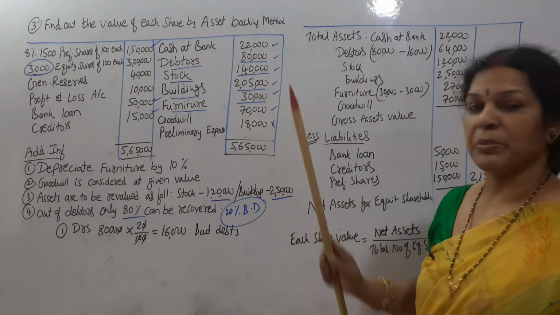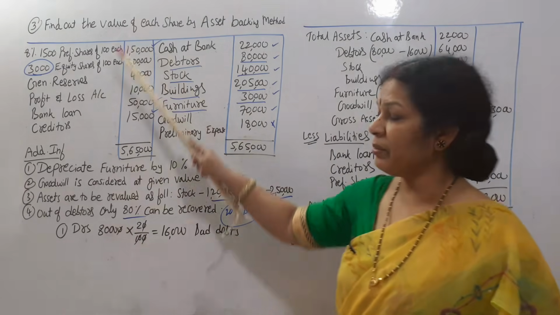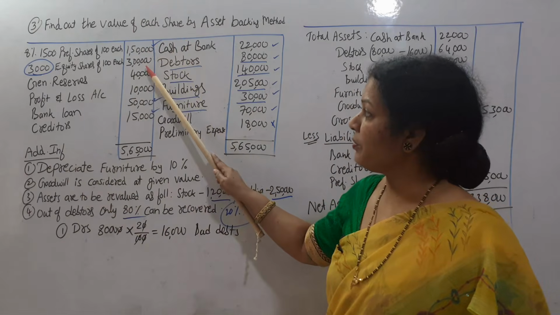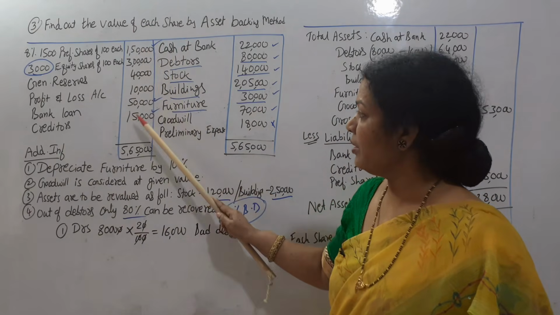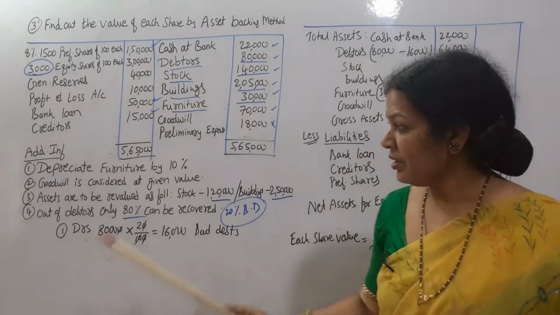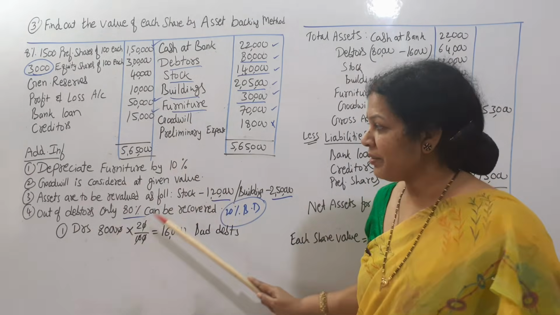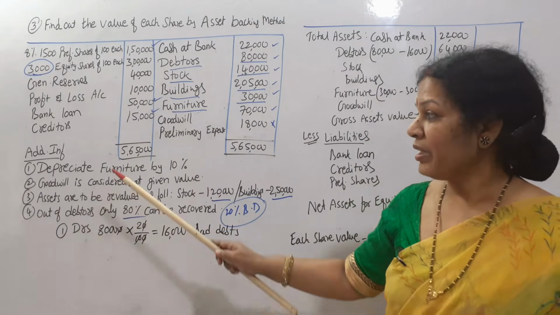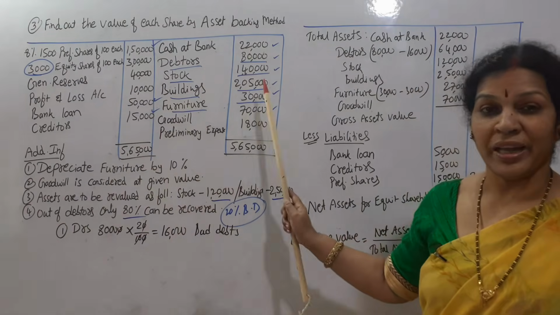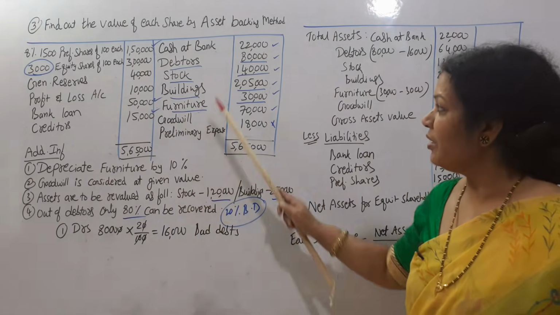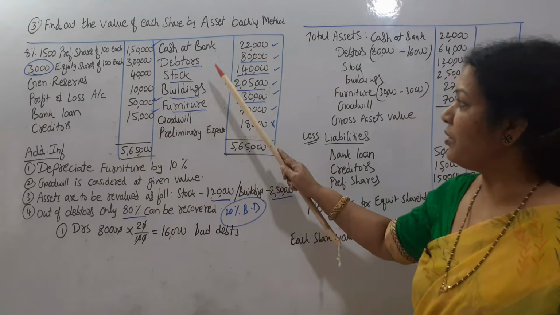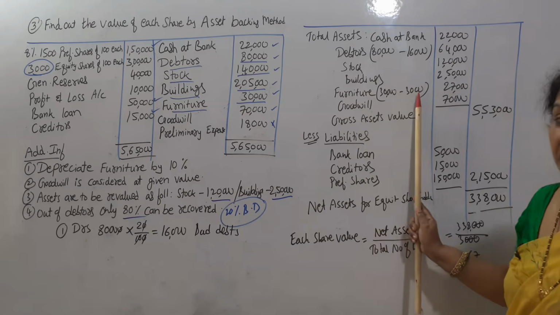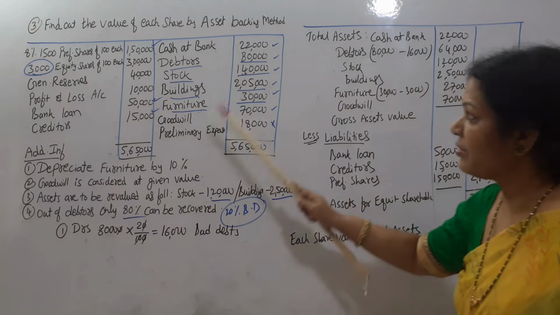All the assets except preliminary expenses. On the liability side, we have taken preference shares 1,50,000, bank loan and creditors. We have considered all the additional information. Whenever we have adjustments, we put a tick mark and calculate. We deducted furniture depreciation, and goodwill is considered as it is.